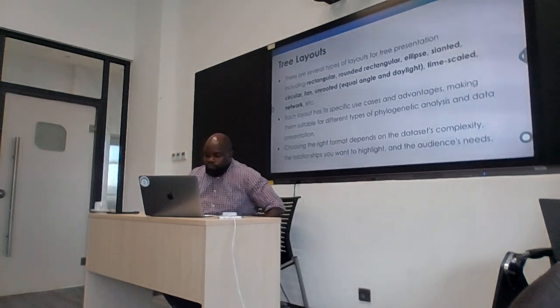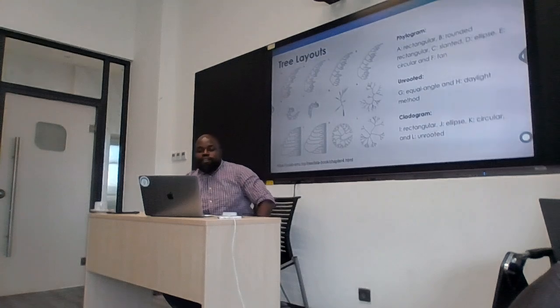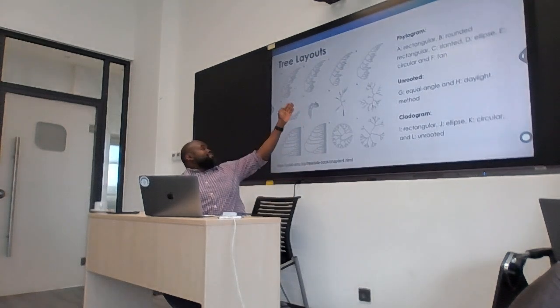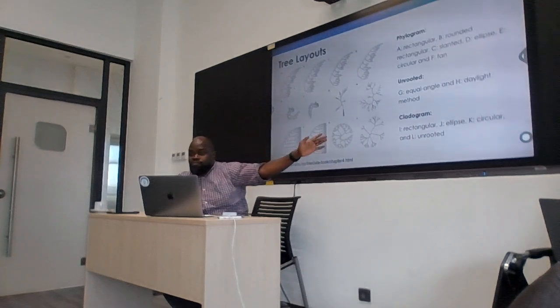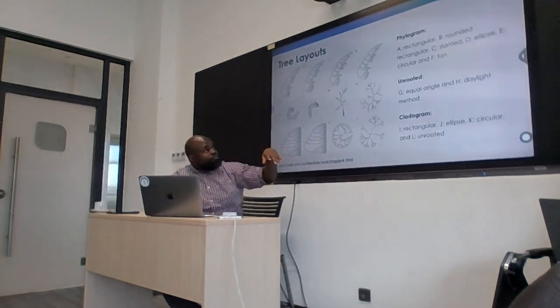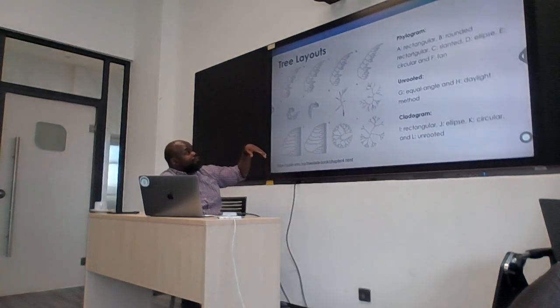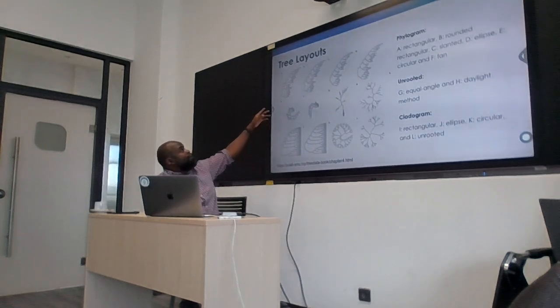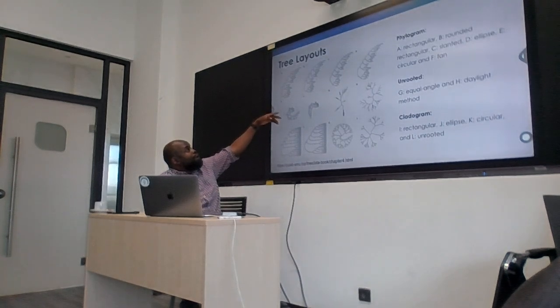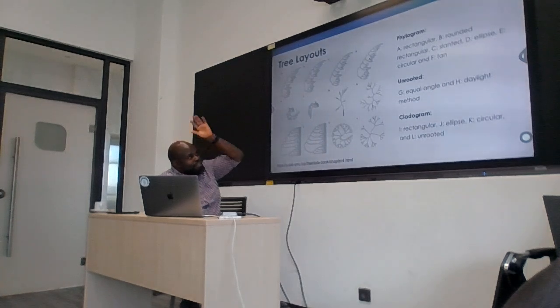Now, this is the same tree, but in different formats. So we have your phylogram here. This means that they respect the genetic distance. So you have rectangular, rounded rectangular, slanted, ellipse, etc. Here you have unrooted trees.